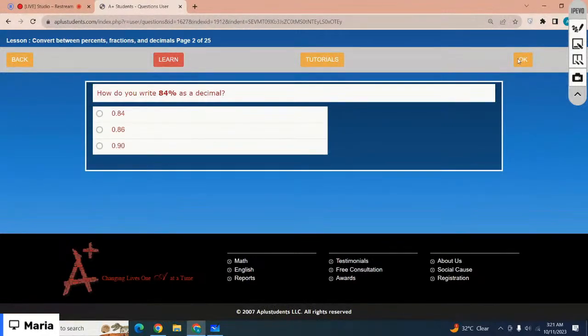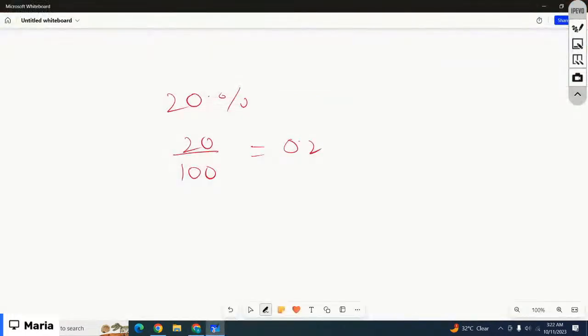Okay, how do you write 84% as a decimal? Which option is the correct one? 84% means 84 out of 100.